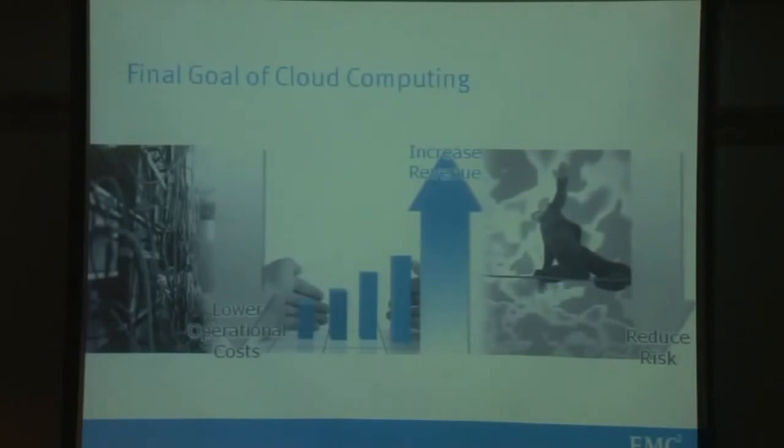So the ultimate goal of cloud computing is to decrease the operational cost, increase the revenue and also reduce the risk. Cloud security mechanisms and measures taken by a company ensure that the risk of moving to cloud is reduced, and the company can make use of cloud computing to decrease its operational costs and increase its revenue. That is the ultimate goal of cloud computing.